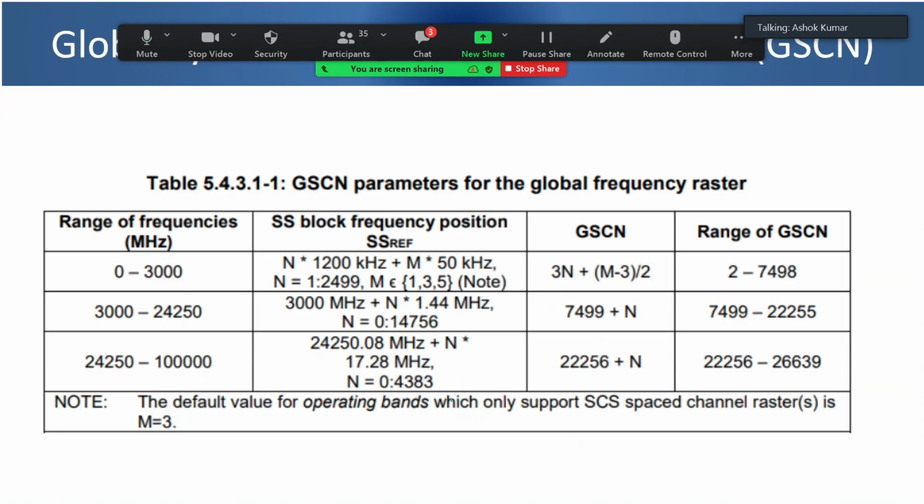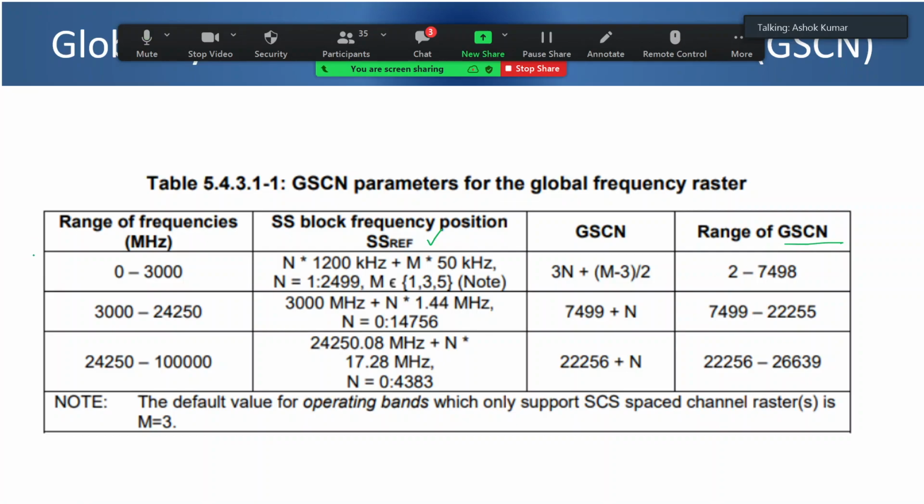This table is again taken from the specification document which I have shared with you. It gives you the SSREF, that means the channel raster start point frequency, and you also have the GSCN number, global synchronization channel number.